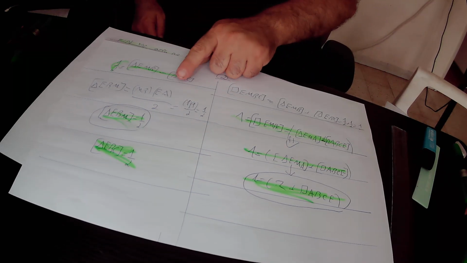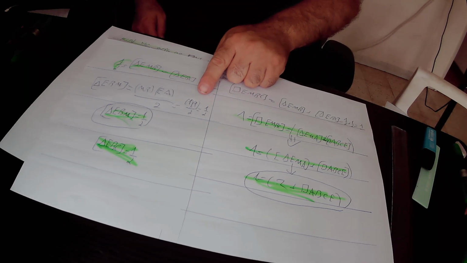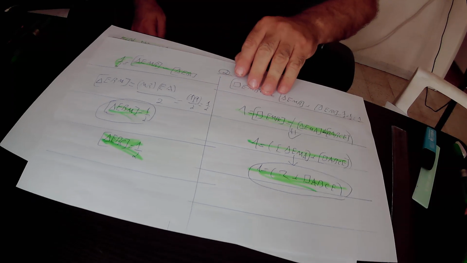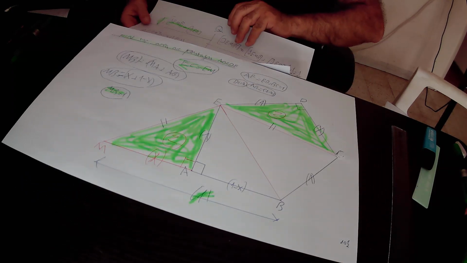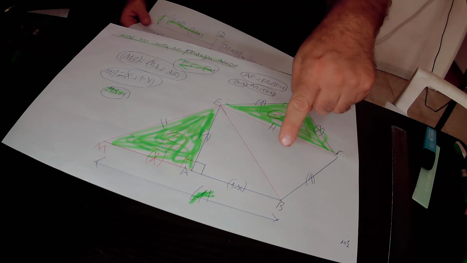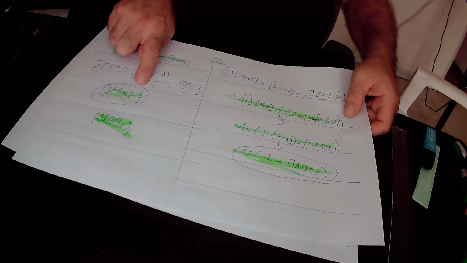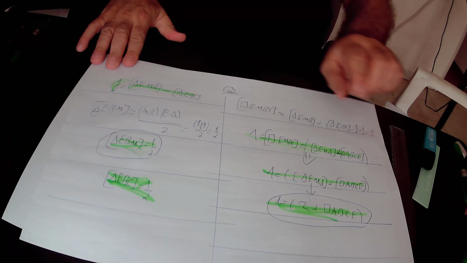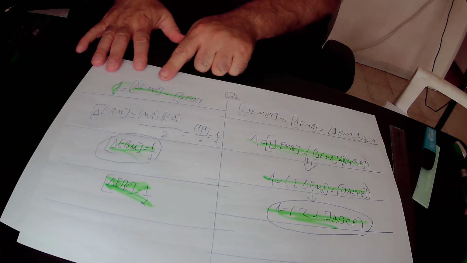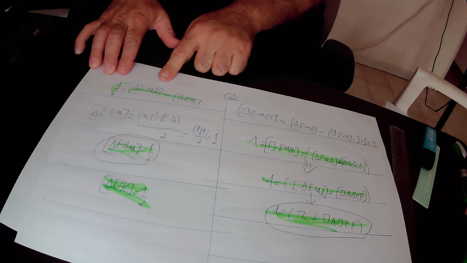So MB times EA is 1 times 1 divided by 2. 1 times 1 is 1, over 2. So in total, we found out that the area of this triangle MEB is equal to 1/2 square units in its size.